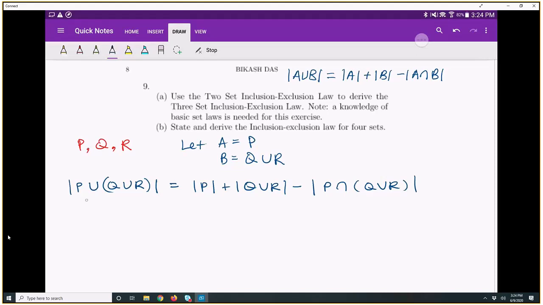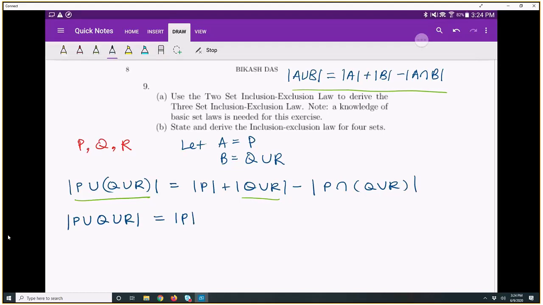And over here on the left-hand side, we know that P union, and then in parentheses Q union R, is the same as just P union Q union R, so we don't really need those parentheses. Then here I have the cardinality of P. I'm not going to change anything there, but for the cardinality of Q union R, I'm going to refer back to this rule and replace it accordingly.